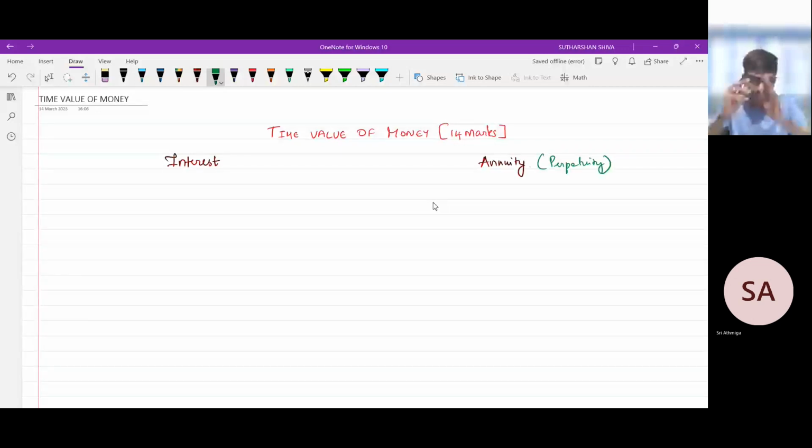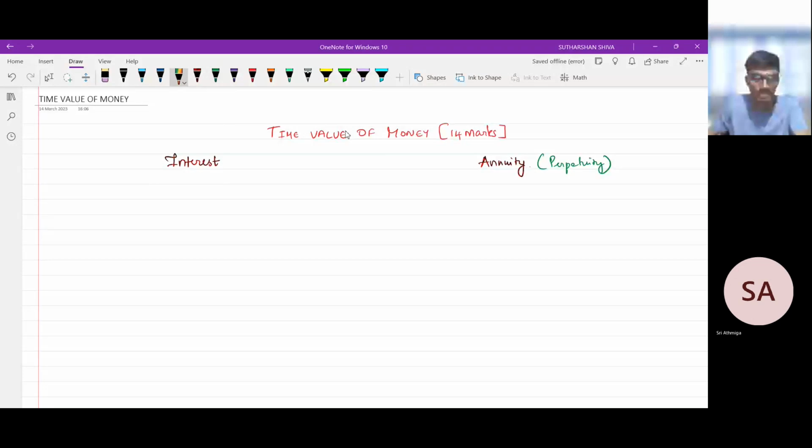Before getting into this chapter, I want each and every one of you to have your calculators handy. Now this time value of money is divided into the interest part and the annuity part.